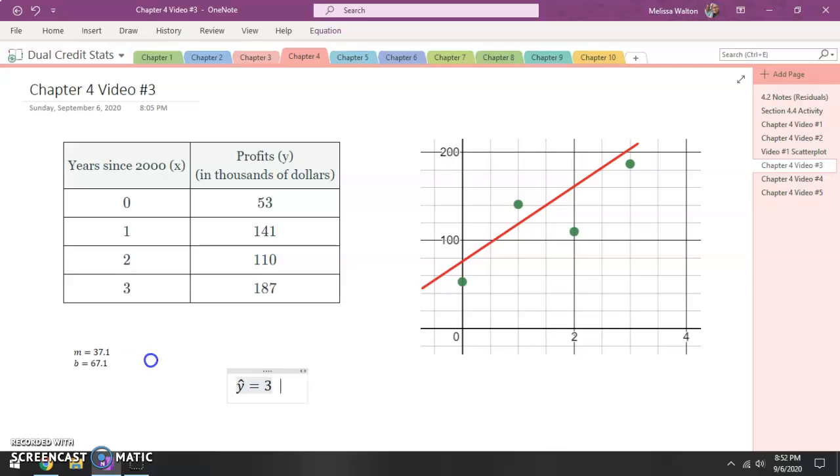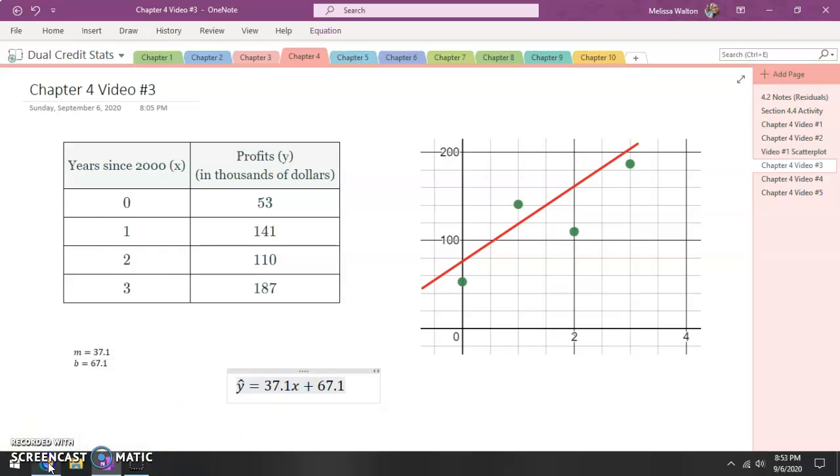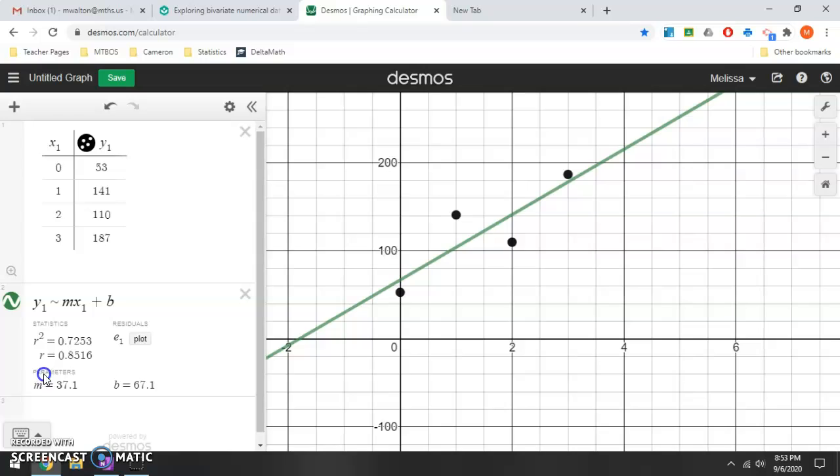Our slope is 37.1 times x plus 67.1. All right, and I got those calculations using Desmos. My slope was down here. My y-intercept is 67.1. And you might actually see your r value right here, what we talked about last time. Our r value is 0.85. That tells us that we have a pretty strong positive relationship.